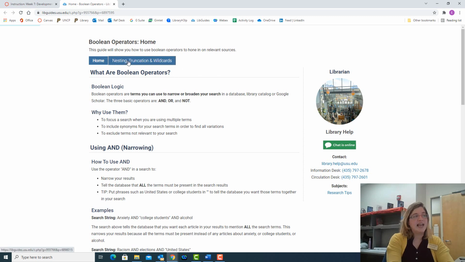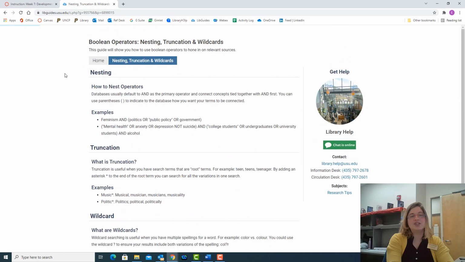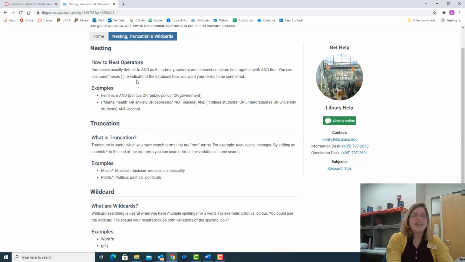If you click to the next tab, you can have a brief explanation of nesting, truncation, and wildcard searches. Nesting is how you kind of put some of those keywords that are connected or connected concepts together to search for them all in sort of one area. So feminism and politics or public policy or government. Now, they are using the Boolean search operator or within this nested search terms, and that's fine.